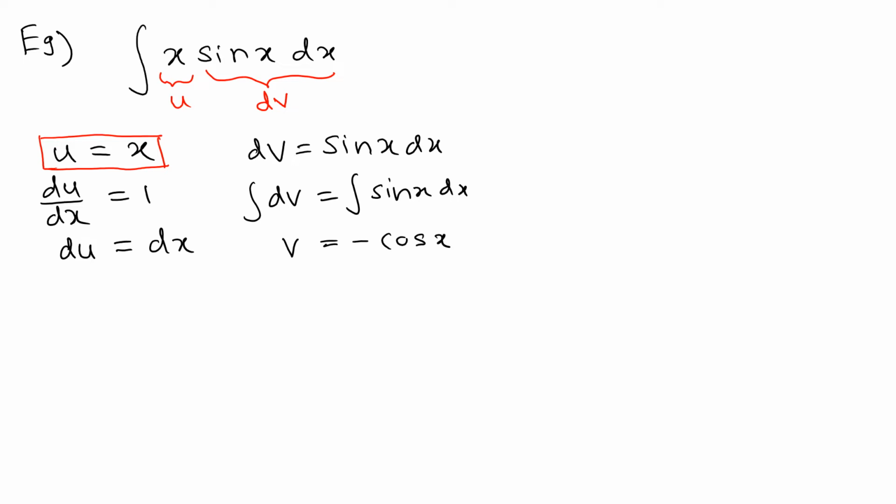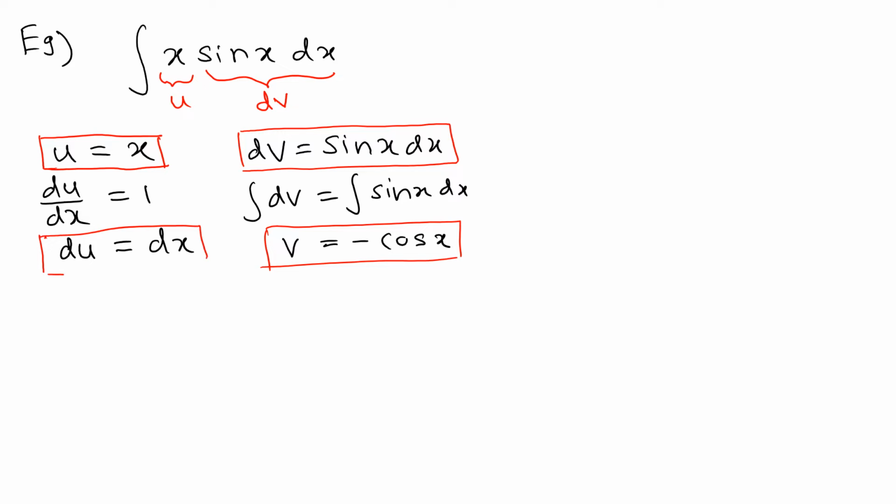We write it like that. If you are not familiar with why the integral of sine is negative cosine, you need to remember those common integrals that you can see in calculus. I have put a link in the description. You can find them and remember them. So we start with u and get du, and we start with dv and get v. These are the four things.